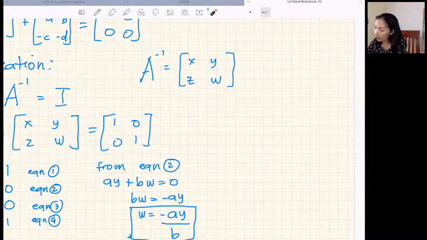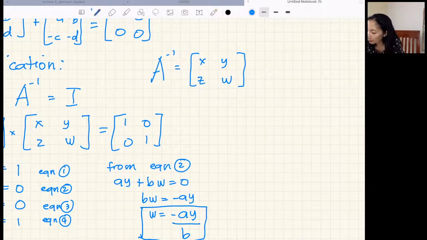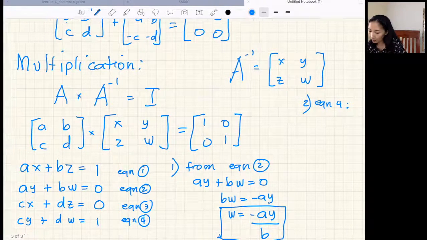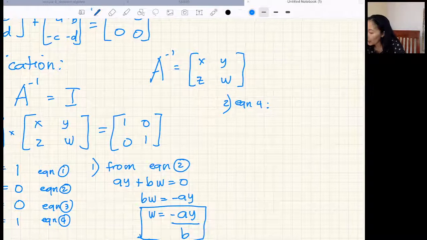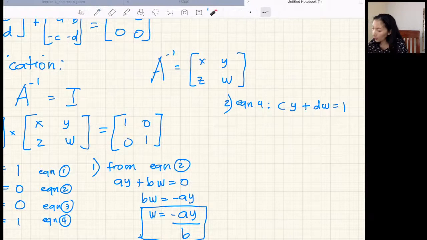And equation number 4, from equation number 4, let this be step number 1 and step number 2. Taking equation number 4, which is CY plus DW equal to 1, and we found out that W is equal to this.